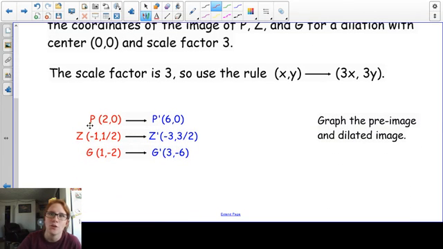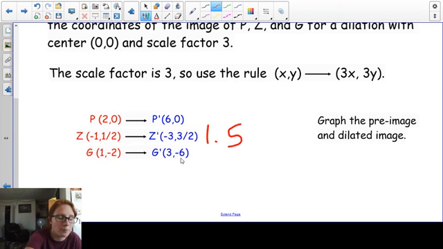So I took my 2, 0, and I multiplied by 3. 2 times 3 gives me 6. 0 times 3 gives me 0. -1 times 3 gives me -3. 1/2 times 3 gives me 1.5. And then 1, -2 gives me 3, -6. So it means I took every single piece and multiplied it by 3.